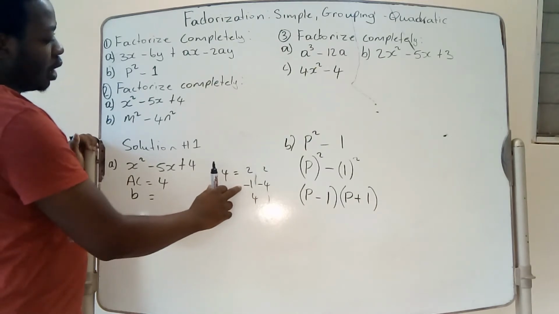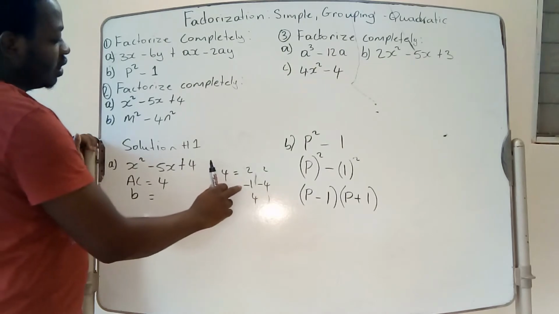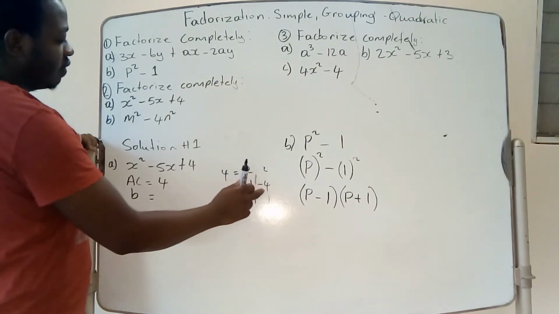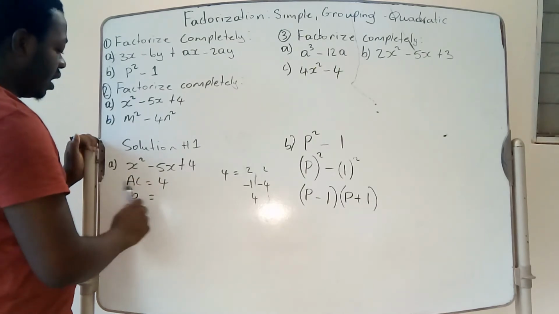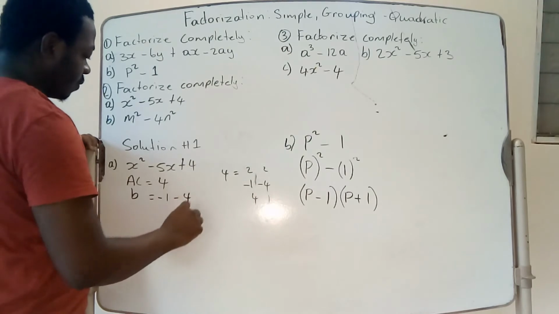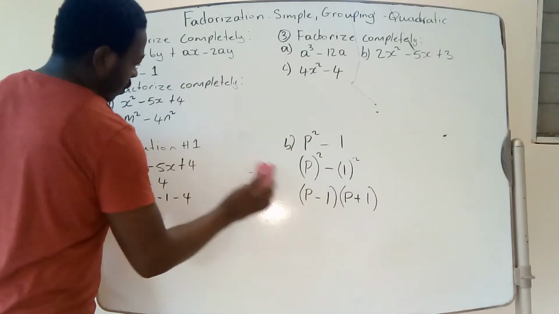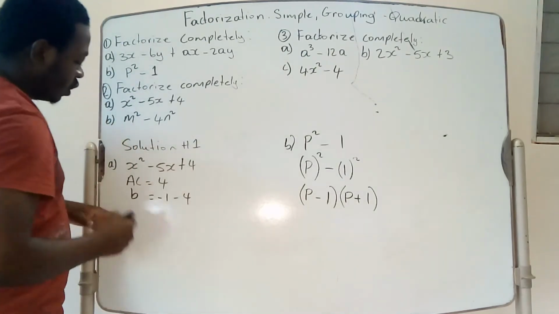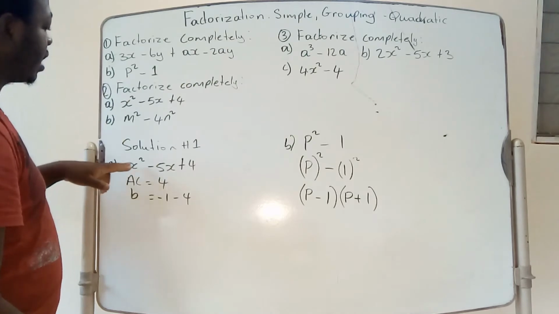Negative 1 minus 4 gives us negative 5. Negative 1 times negative 4 gives us positive 4. So B is equal to minus 1 minus 4, right? So now, since we know what B is, we are going to rewrite our quadratic expression.